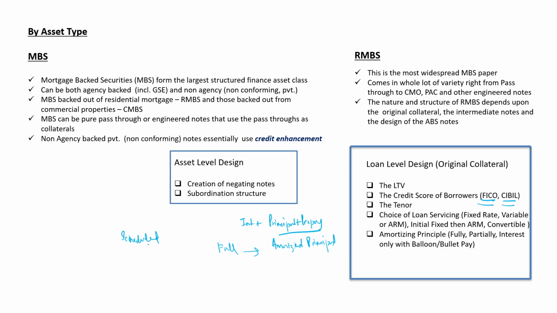Now, when such a thing happens, it serves a couple of purposes. One is that it boosts confidence, because the outstanding with every payment cycle reduces proportionately because of the amortized principal being paid back.